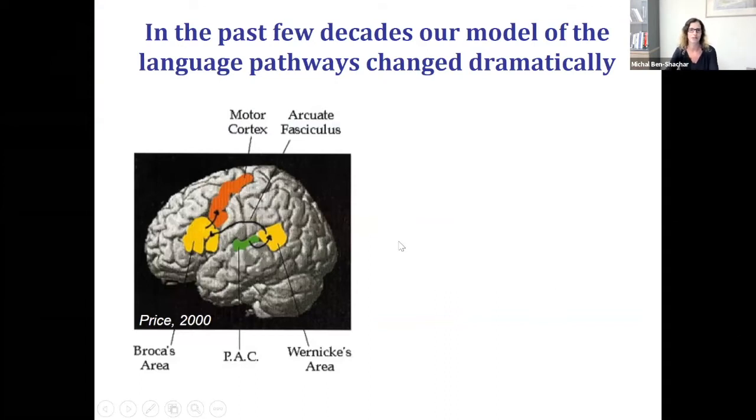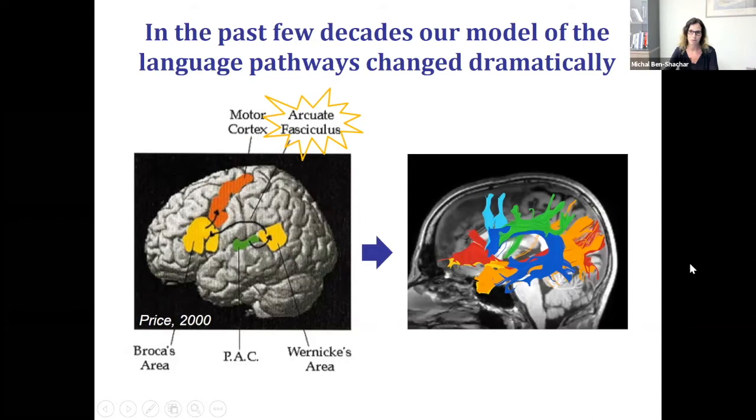We started off from a very simple model of brain and language, which had only one language pathway, and that was the Arcuate Fasciculus. And in the past few decades, however, we gradually learned that the real picture is different, and it's much more complicated. And in particular, it has many more pathways.